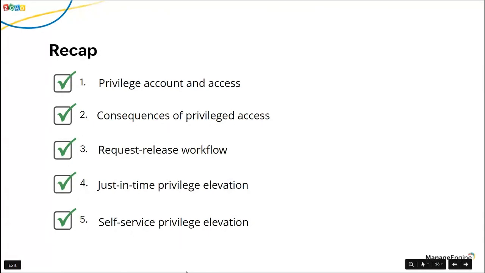We have seen what a privileged account and access is, and what the consequences of privileged access are, and how the smart request release workflow can help you in achieving time-based access control, right?